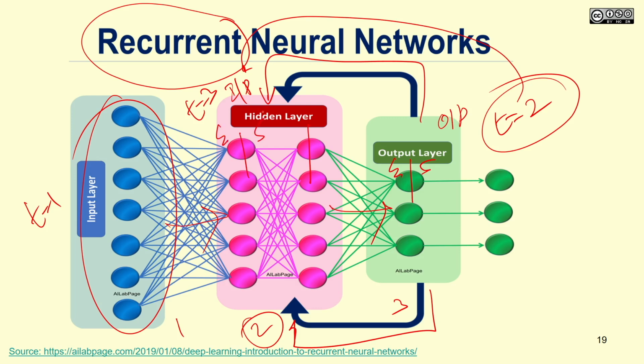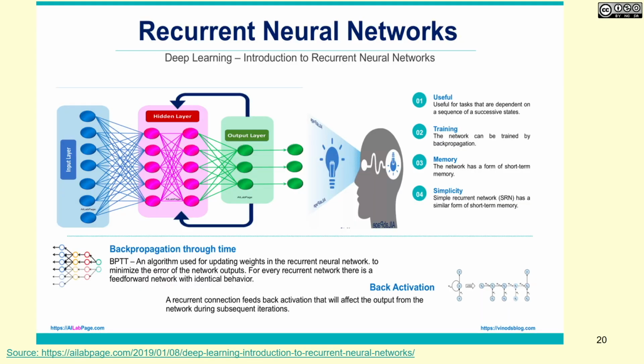But how is this network converted into a form of deep network? Let me go through the presentation. This recurrent neural network falls under the category of deep neural networks because of the enormous layer connections which may be seen here.